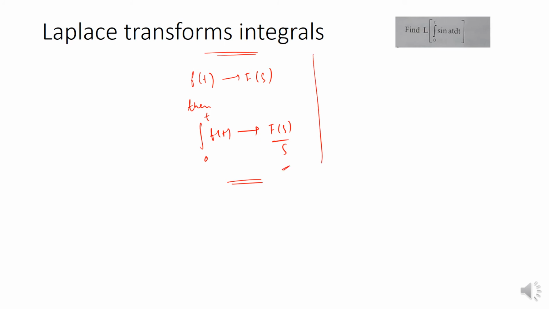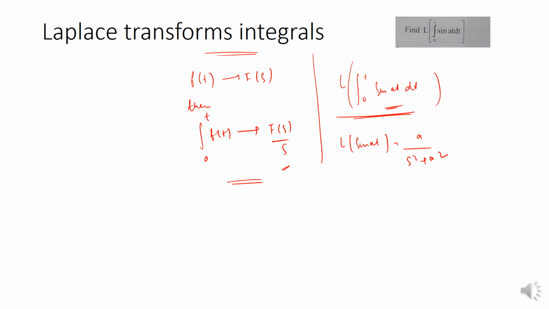This is the property. Suppose we have been asked to find the Laplace transform of the integral from 0 to t of sin at dt. For sin at, what is the Laplace transform? The Laplace transform of sin at is a by s square plus a square, right?